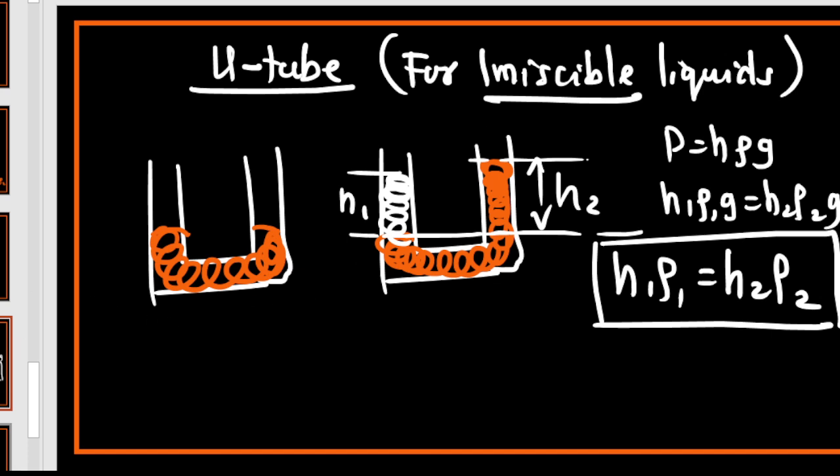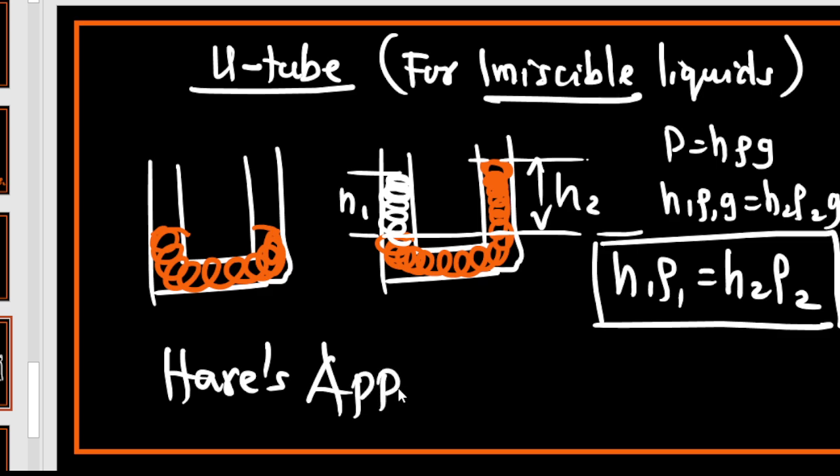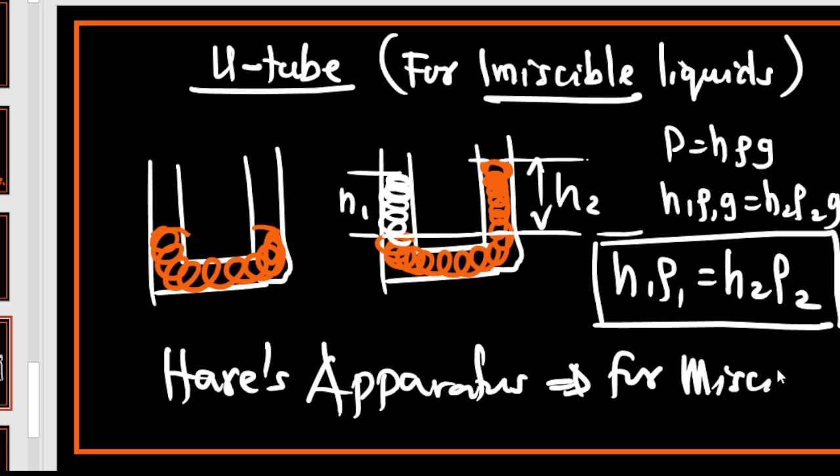But if the liquids can mix together on contact, you have to use what they call the S apparatus. This is used for miscible liquids. So if the liquids can mix on contact, in that case you have to use a device that will not allow the liquids to mix.